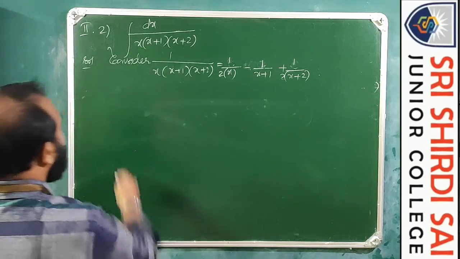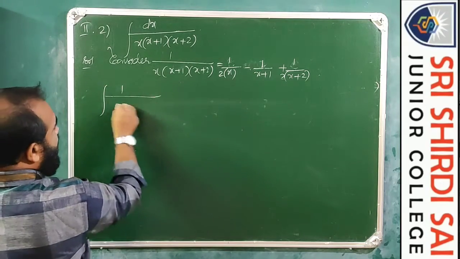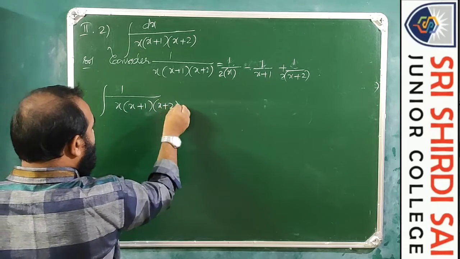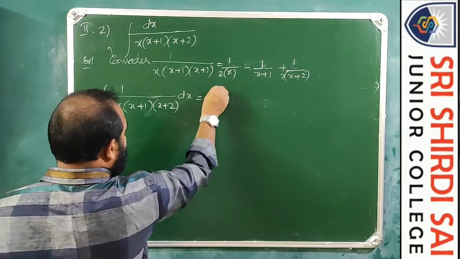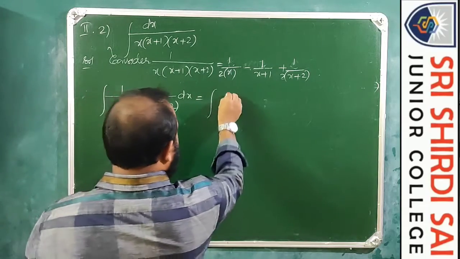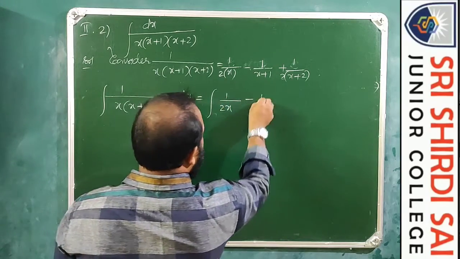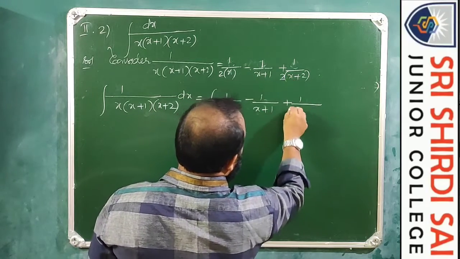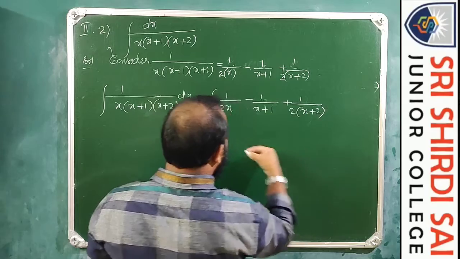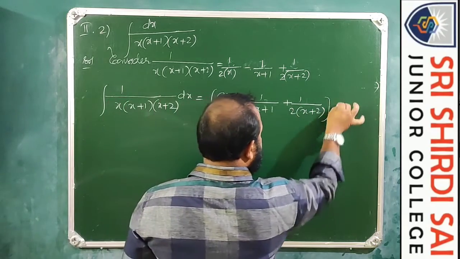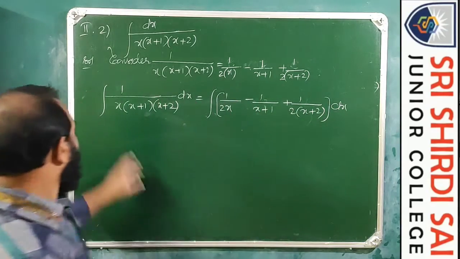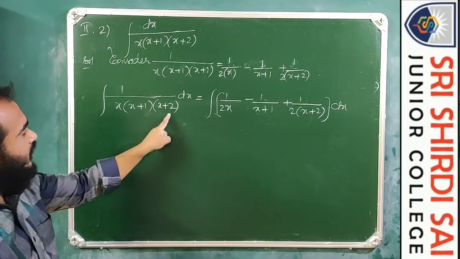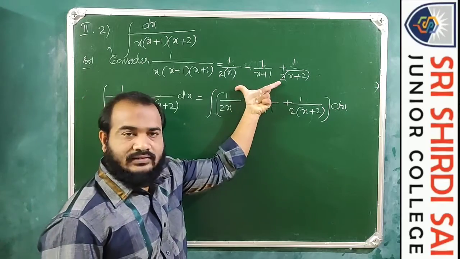Now integral 1 by x into x plus 1 into x plus 2 dx equals integral of 1 by 2x minus 1 by x plus 1 plus 1 by 2 into x plus 2, whole dx. So 1 by x into x plus 1 into x plus 2 is replaced as this.